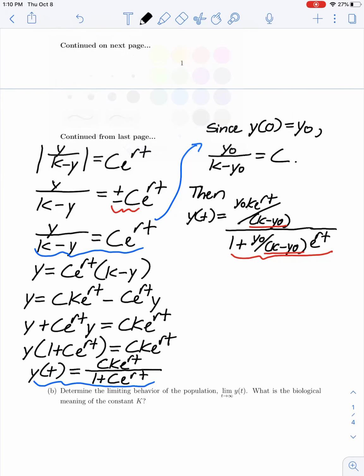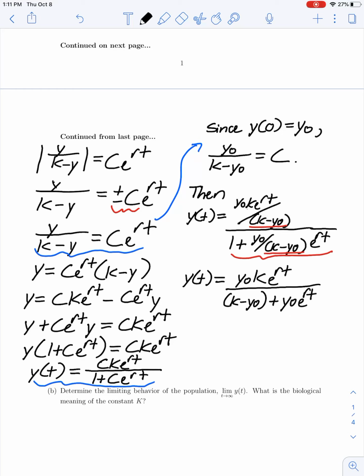So if I take this equation and I multiply the numerator and denominator by k minus y naught, I'm left with y naught times k e to the rt over 1 times k minus y naught plus y naught e to the rt power. So this, of course, is a much simpler form of the solution of that logistic growth model.